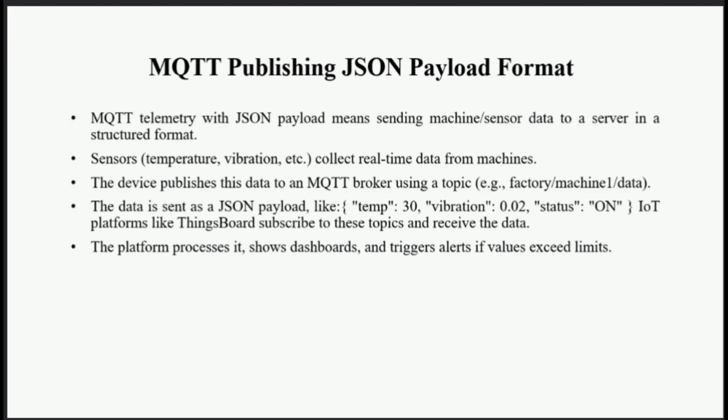Then the data is sent as a JSON payload like temperature 30, vibration 0.02, status on. IoT platforms like ThingsBoard subscribe to these topics and receive the data. The platform processes it, shows dashboards and triggers alerts if values exceed the limits. Then all of these are displayed on the dashboard.